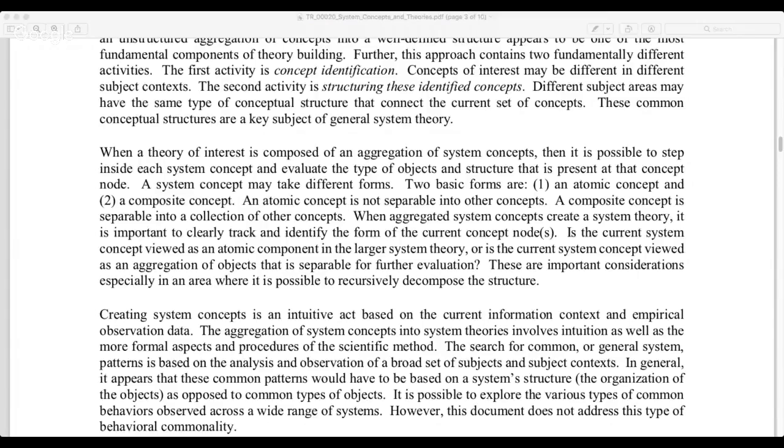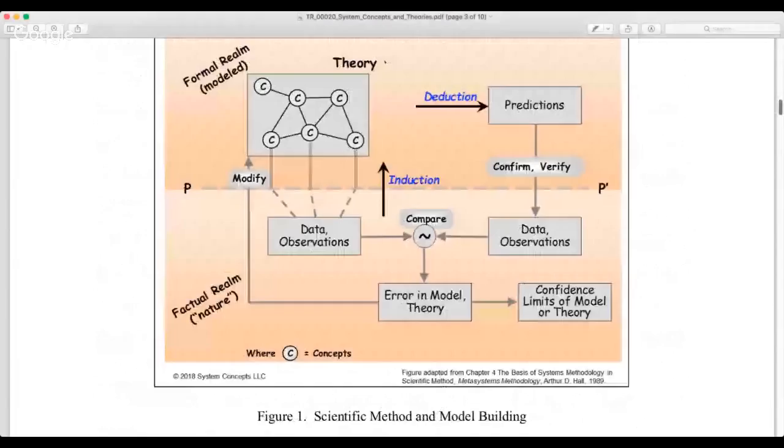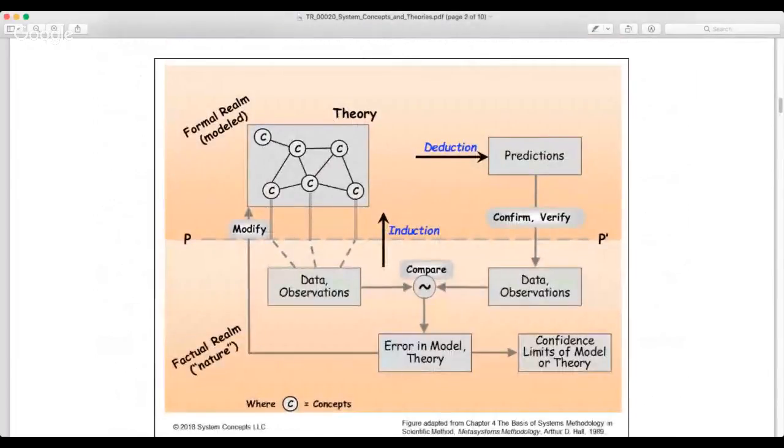Okay. Well, what we did was we just went through and talked about the basic scientific theory, the system Hall, and that system concepts make up system theories. The concepts are a network of theories.